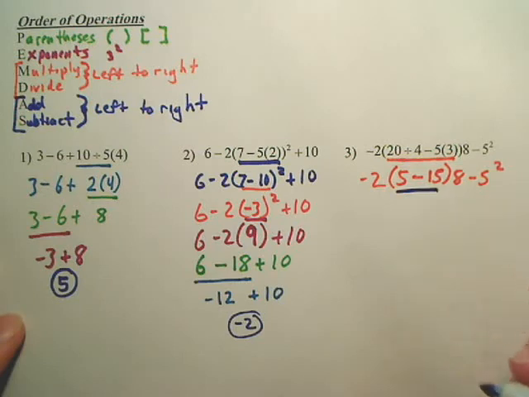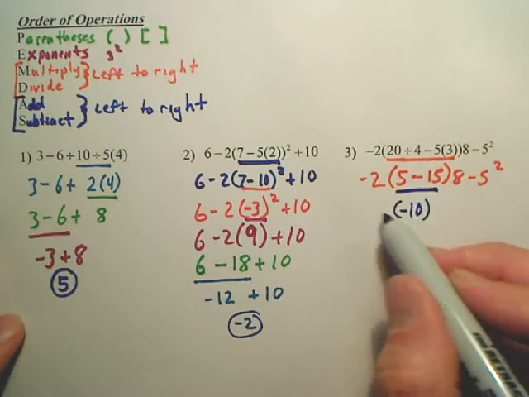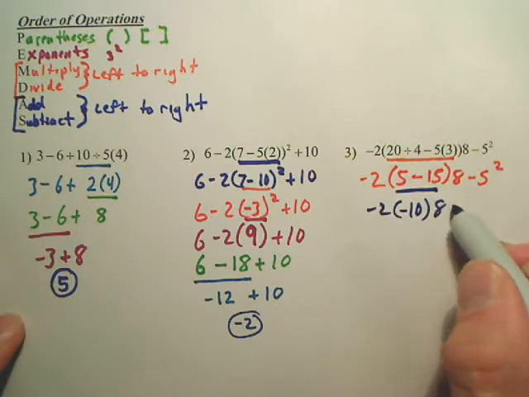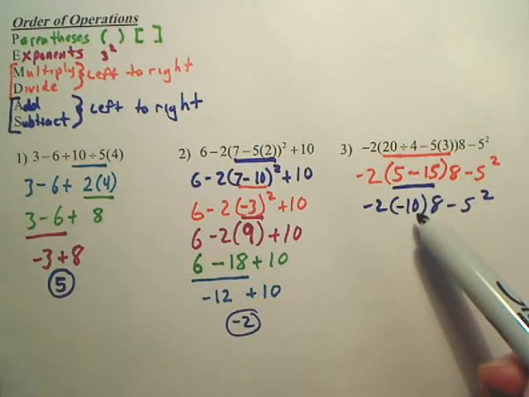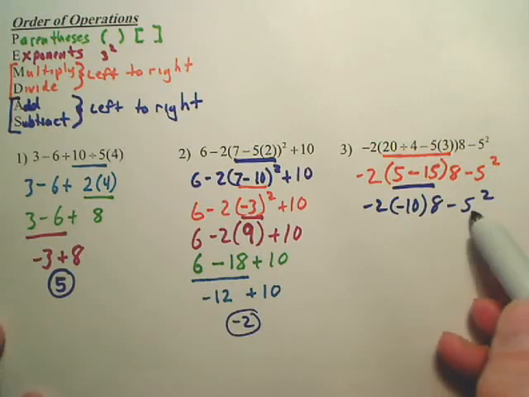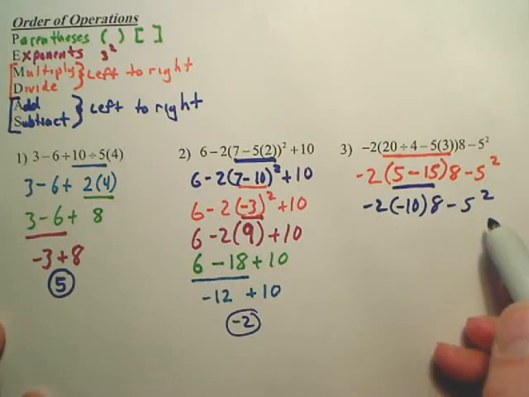Yes. What does that give you? Okay, so that's a negative 10. It's negative 2, bring down the 8, minus 5 squared. 5 and a negative 15 gives you negative 10. Now, are there any more things to do inside of parentheses?